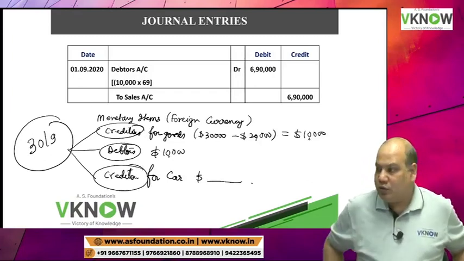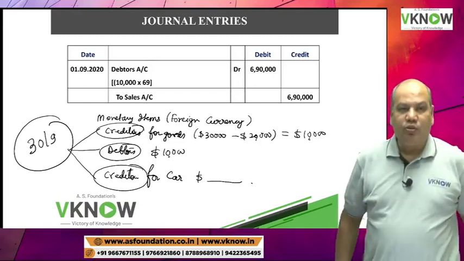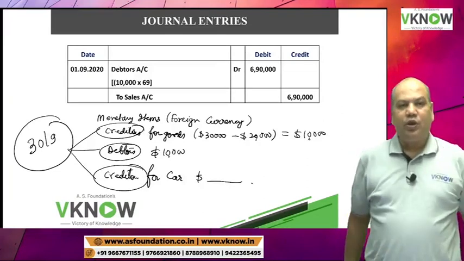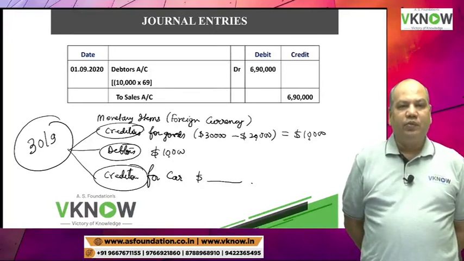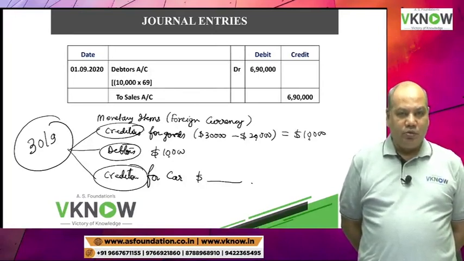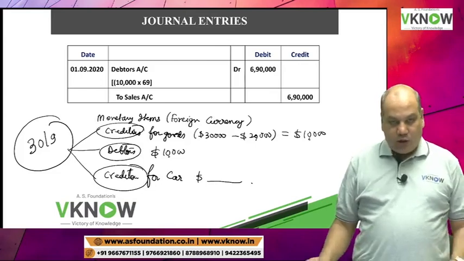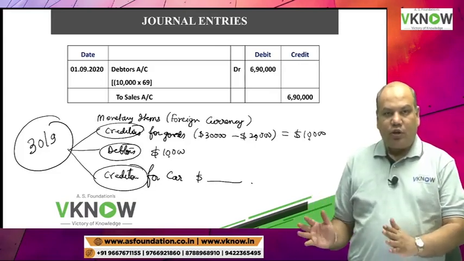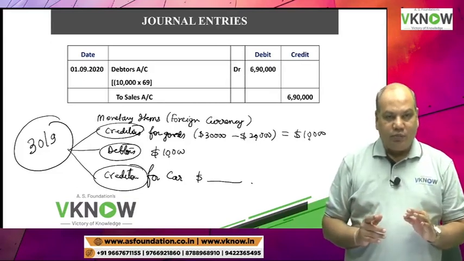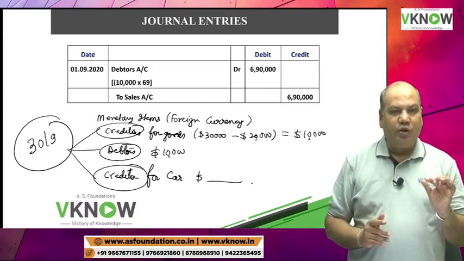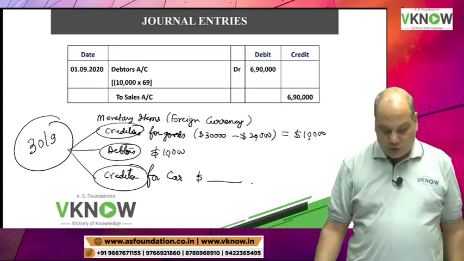Even though car is carried at revalued amount, revaluation has already been done and there is no information about revaluation on 30th September. So car will not be further adjusted. So I will see at what rate these were recorded, what is the year ending rate, and the difference will be recorded in exchange difference.